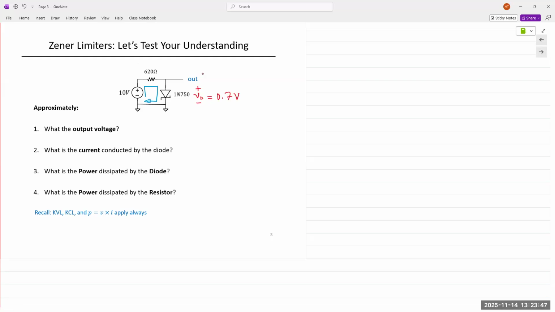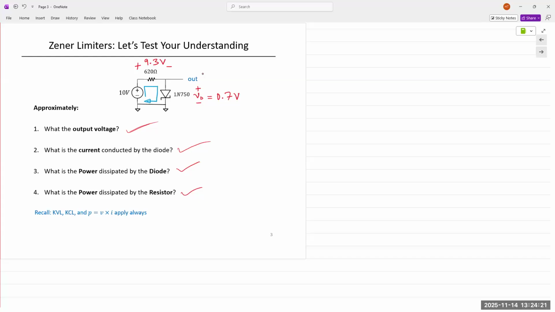Across the resistor, you apply KVL, 10 minus 0.7, so 9.3. And then of course, having found the voltage, you can find the current by applying Ohm's law to that resistor. And for power, P equals VI. Once you have I, multiply it with 0.7, multiply it with 9.3, and you have the power dissipation rating for that diode.